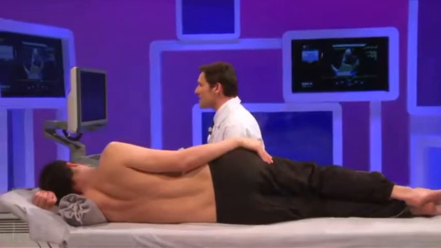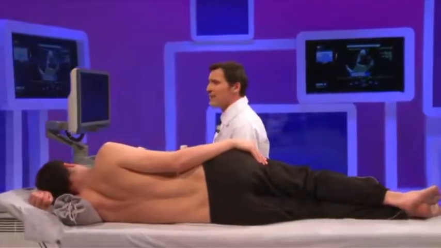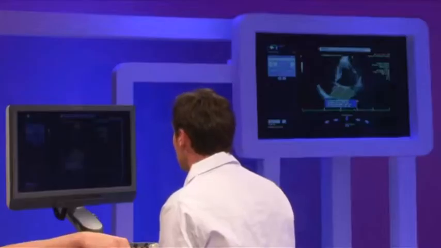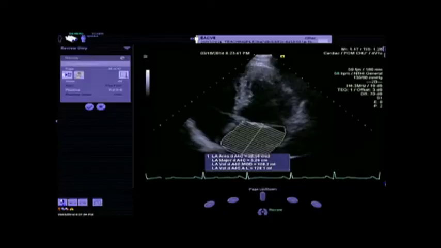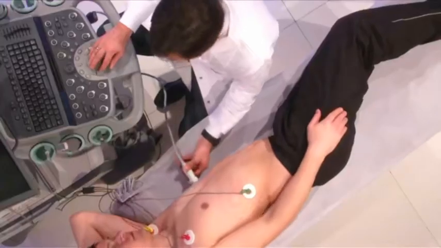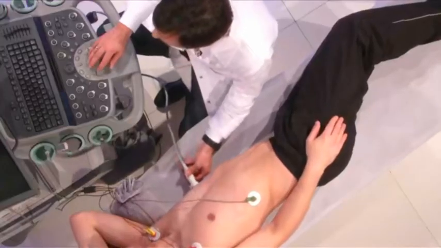And finally, to assess the consequences, because if we think about any kind of surgery, for sure we need to have the measurement of the tricuspid annulus dimension, and we should see if there is any tricuspid regurgitation. And again, I will try to get the image from the apical four-chamber view.